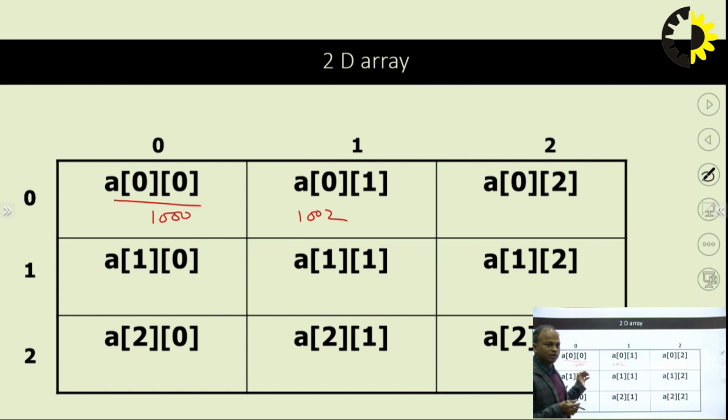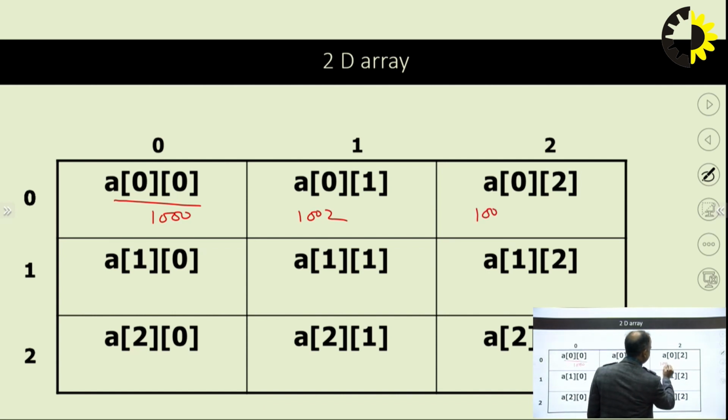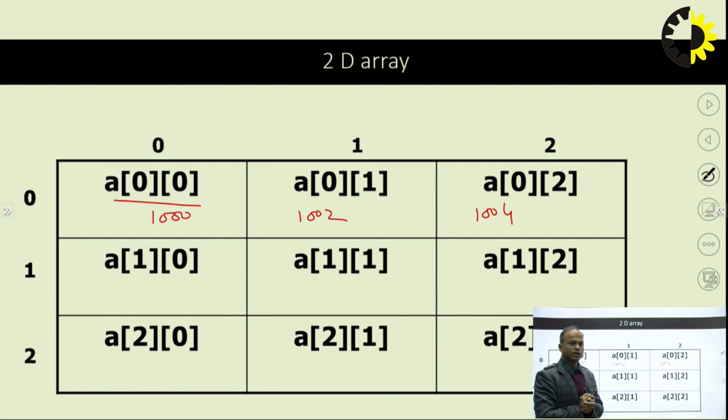If the first one is taking the 1000 location, then the second one will take 1002, and similarly the next one will take 1004. And when we talk about the next row, then in that case this address would be 1006. So in this way, people can find out the address of any location.